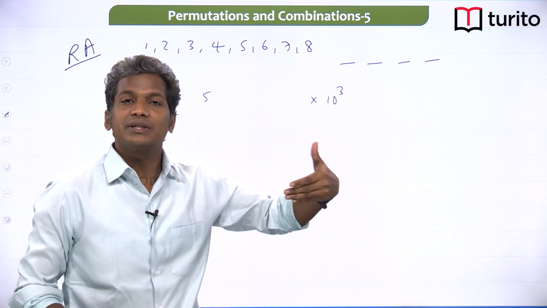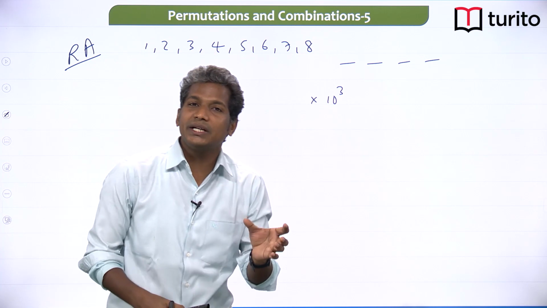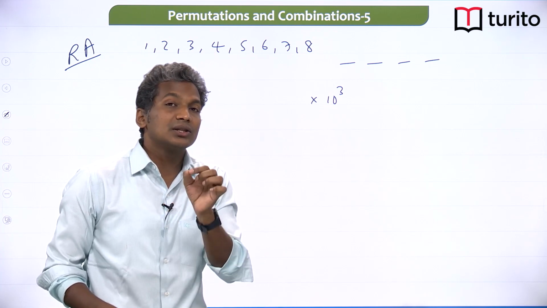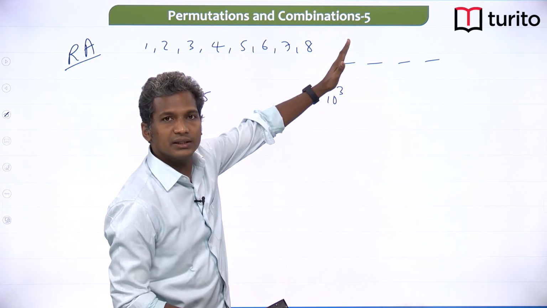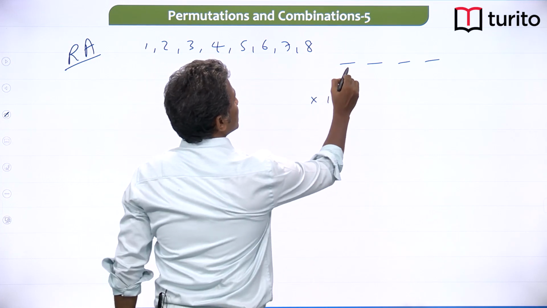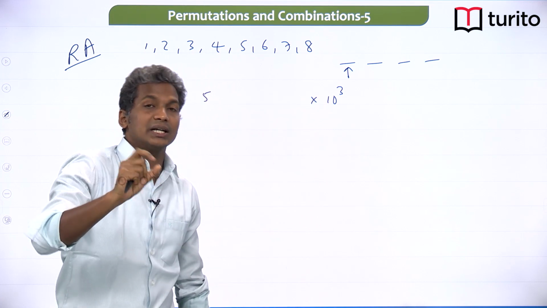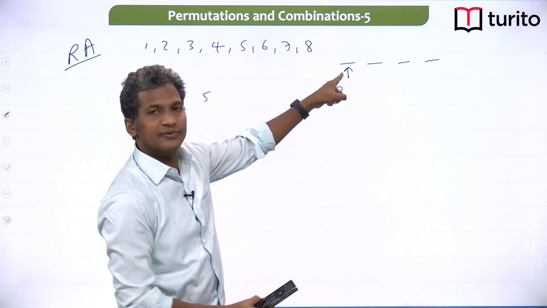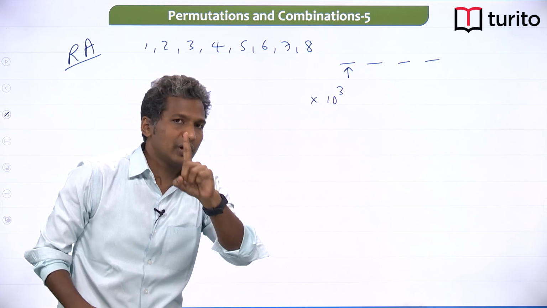Those many 5000s will get added, right. So I have to count how many times 5 is coming in the thousands place. For that I will fix 5 in this thousands location. If I put an arrow like this, that means that location has a condition, okay. So this is fixed now, in one way.